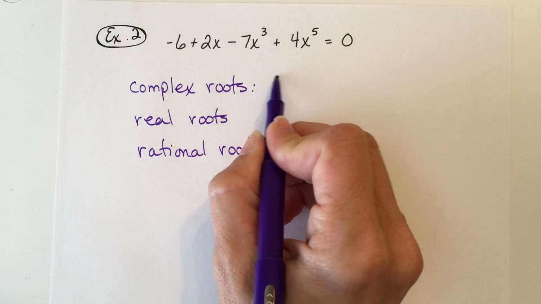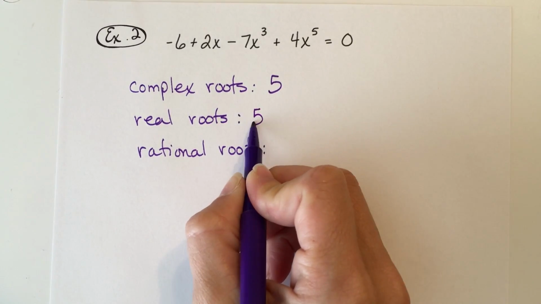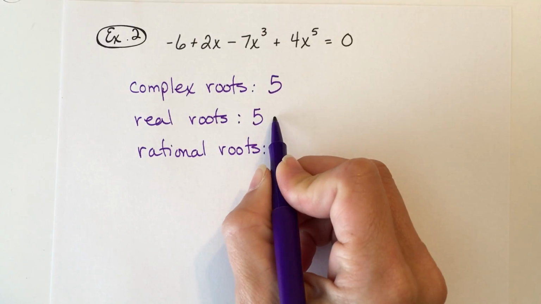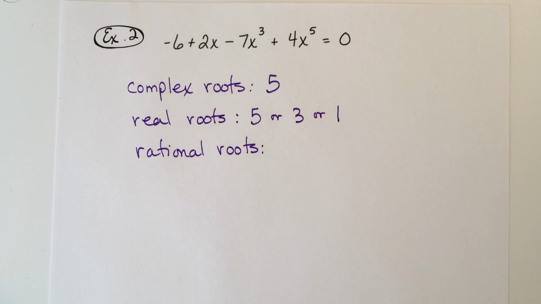So your number of complex roots, you're guaranteed to have a total of 5 roots for this polynomial. Okay, it could be that all 5 of them are real, but if you start having any of them that are imaginary, they have to be in pairs, so it could be 5 or 3 or 1, okay?